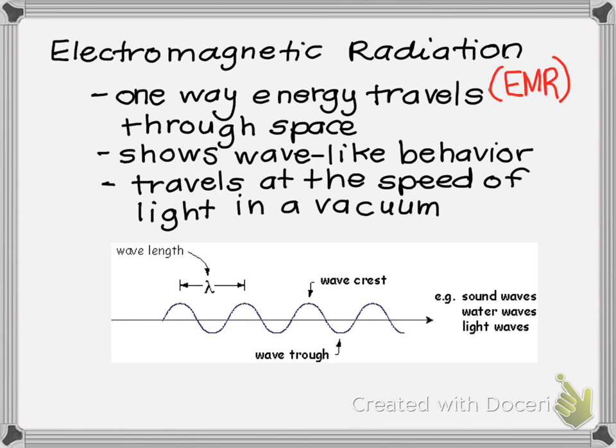So I already mentioned that electromagnetic radiation is one way that energy travels through space. Let me tell you some of the forms. I have the spectrum in a couple slides, but it's things like X-rays and visible light and gamma rays and ultraviolet light. These are different forms of energy, and one thing they have in common is that they show wave-like behavior.